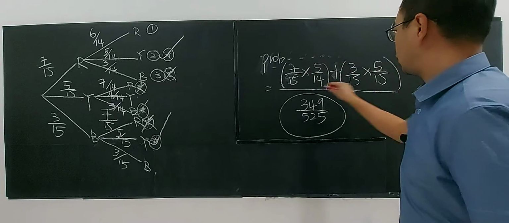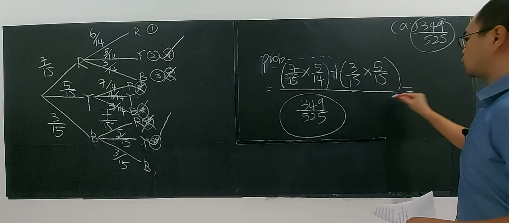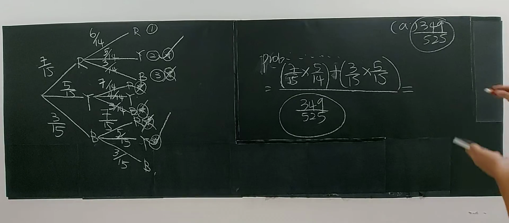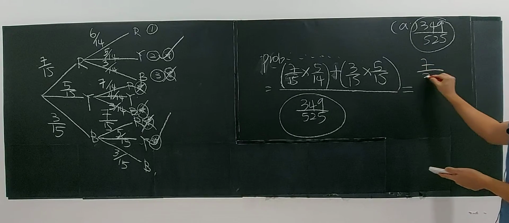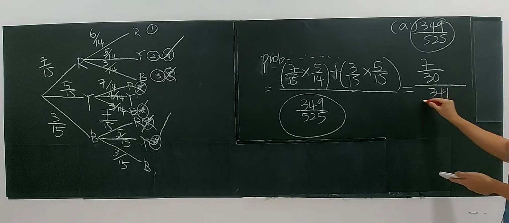So if you take up all this probability total and divide by the total, then you will know the conditional probability for this event. On top here we have 7 over 30, whereas this will give you 349 over 525.